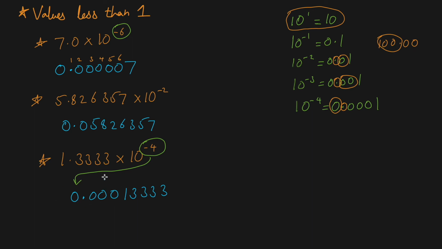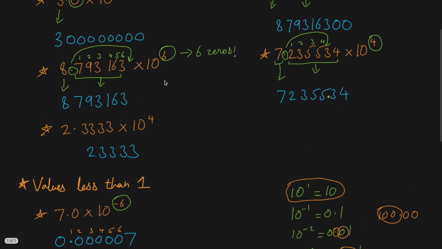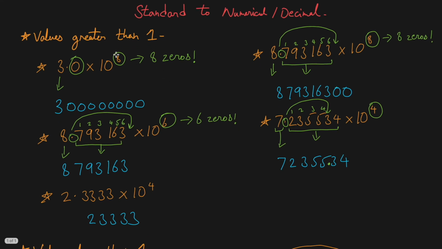This is the answer for this scientific notation, and this is basically it for the values that are less than 1. There's a simple method for it, while on the values that are greater than 1 we encountered some problems, like you can see at the second problem where we have to deal with the decimal point moving to the right side.